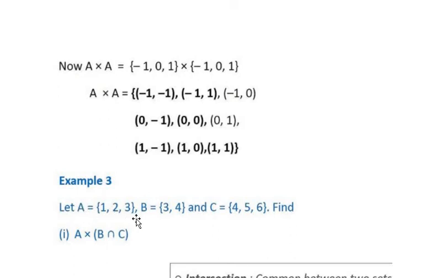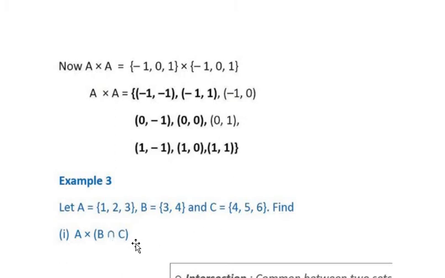Now example number 3. Here set A is equal to {1, 2, 3}, set B is equal to {3, 4} and set C is equal to {4, 5, 6}. Find A cross (B intersection C). Now see, Cartesian product we can always take with two sets, and we know that the intersection of two sets will always be a set.